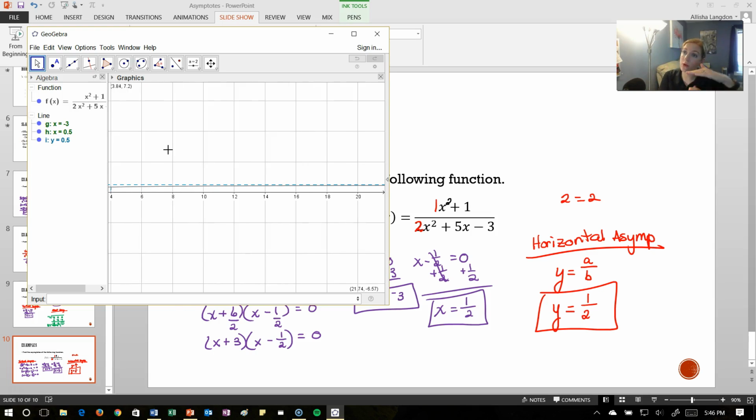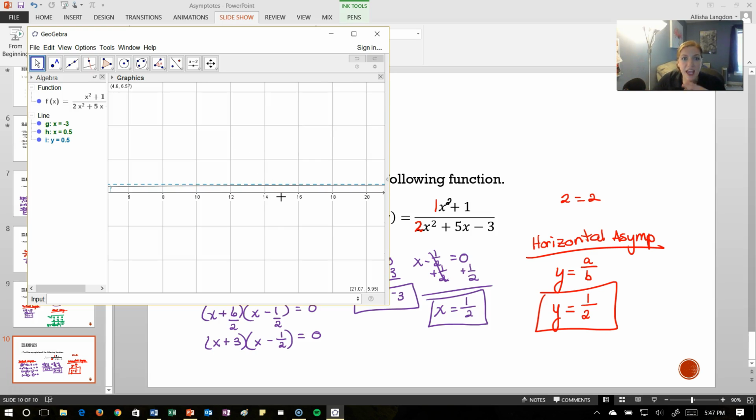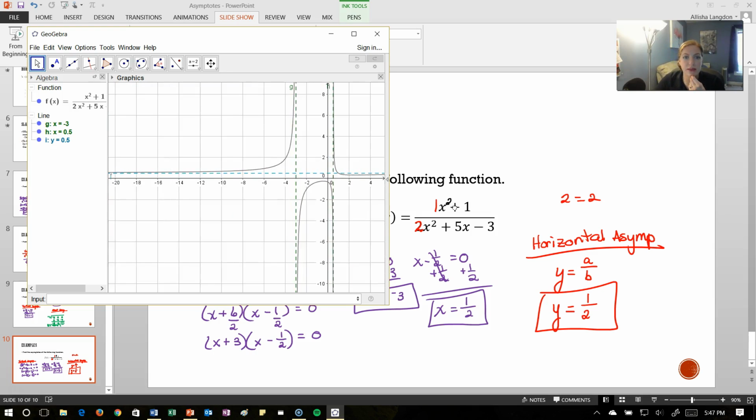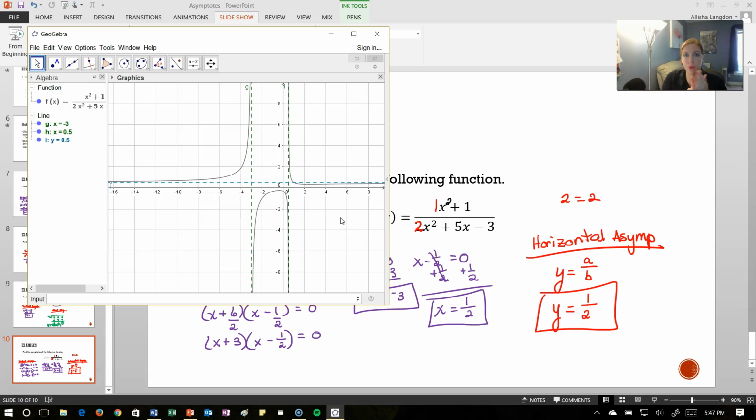That's okay for a horizontal asymptote because remember, we're looking for that end behavior on either side. So here, it is approaching that blue line as we're getting closer. So we did correctly calculate the 2 vertical asymptotes and the 1 horizontal asymptote. So this example had 3 asymptotes.